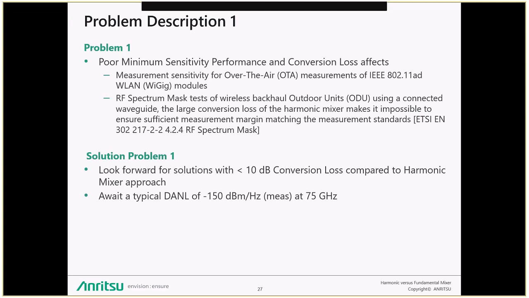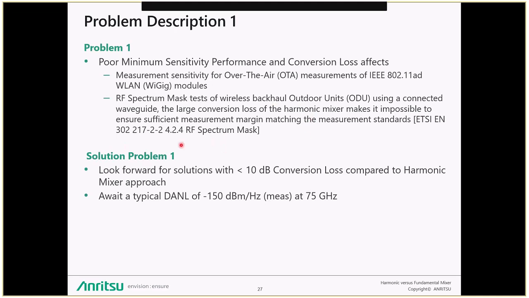This large conversion loss or low dynamic range of the harmonic mixers makes it impossible to ensure enough margin to match the measurement standards. For example, this standard that defines the spectrum mask of the E-band backhaul outdoor units.